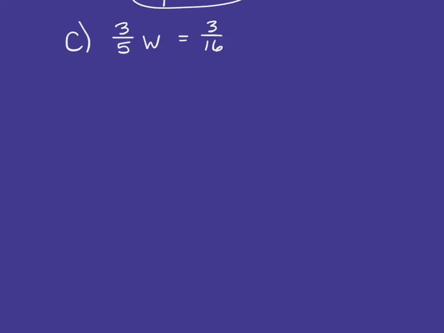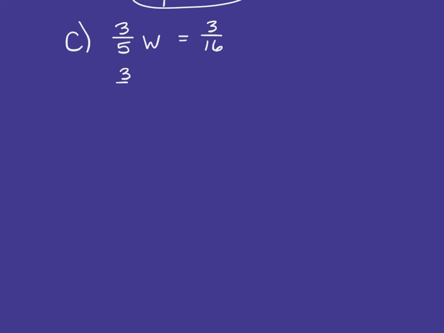For equation C, we have a fraction 3/5 times w equals 3/16. We could go about this a couple of different ways. This is a fraction times w, so we could divide both sides by 3/5. I'm going to show you the way that would be simple to use if you were not using a calculator, which would be to just multiply by the inverse fraction.